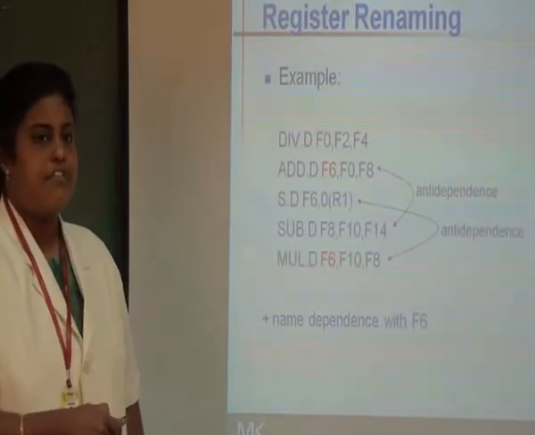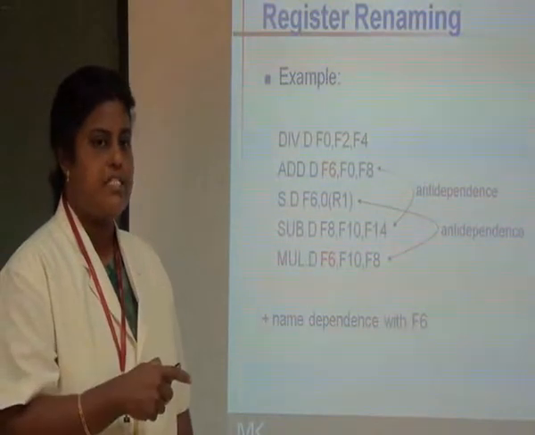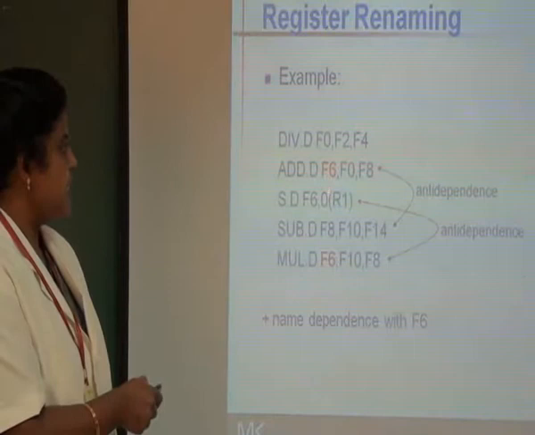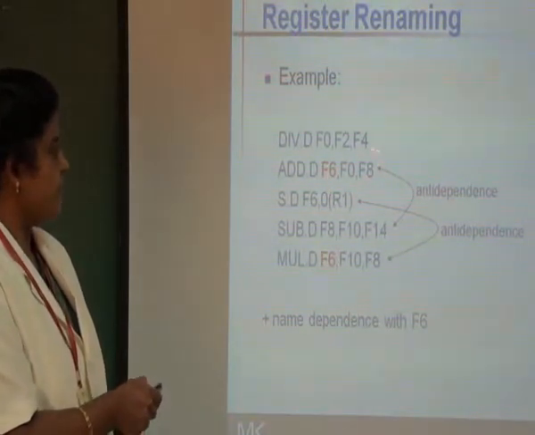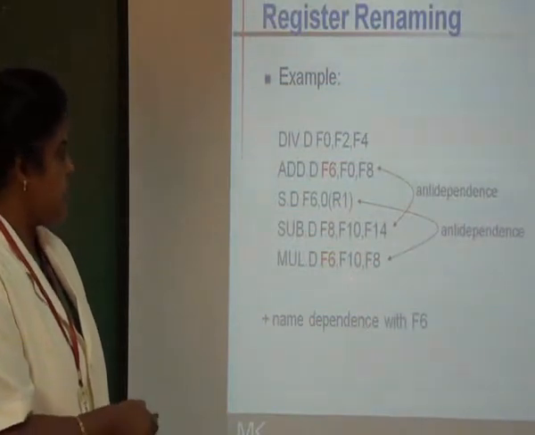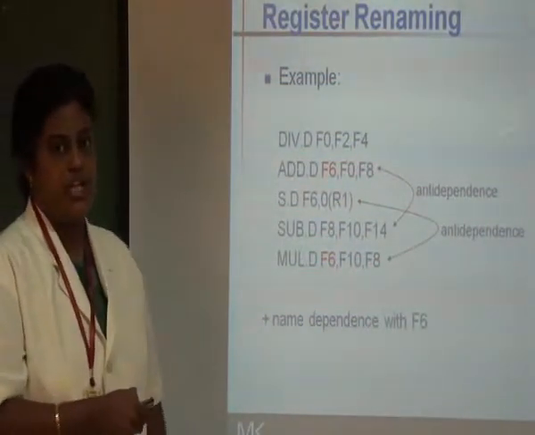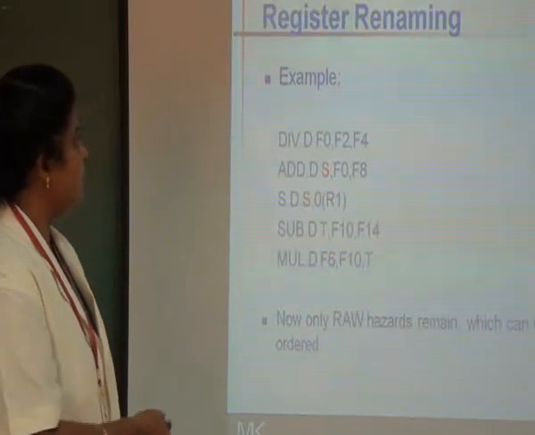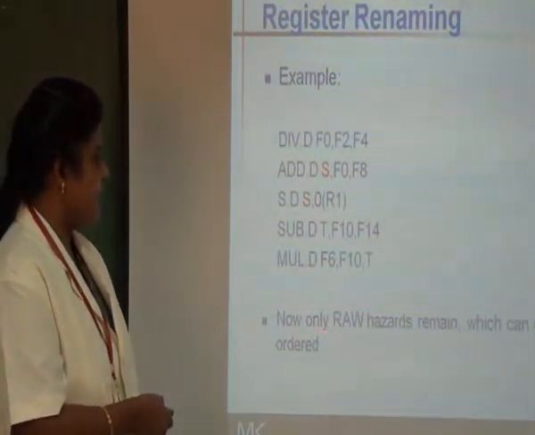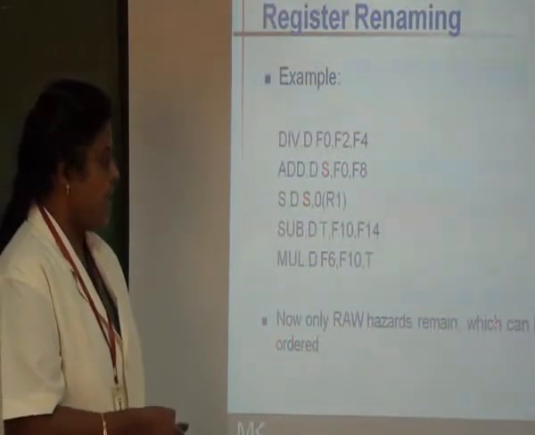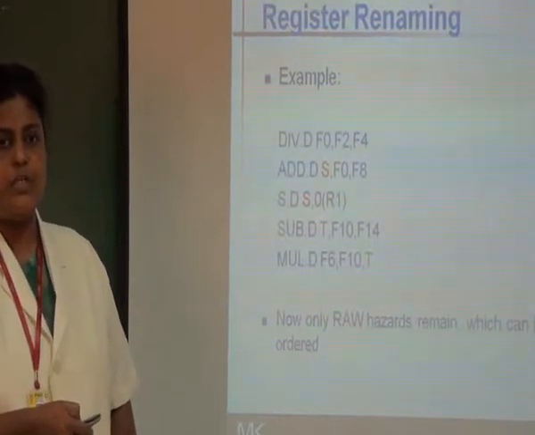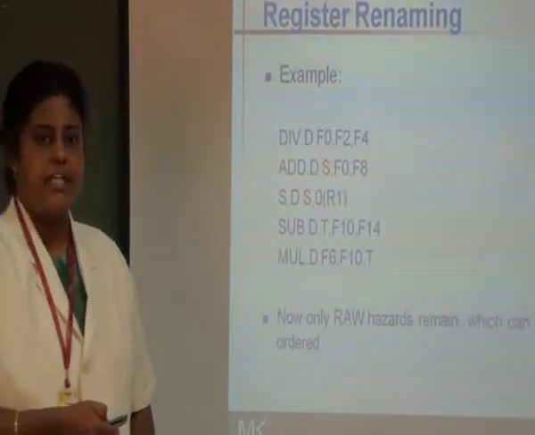So we have anti-dependence followed by name dependence. Anti-dependence is because the results of F8 are to be used over here once again, and name dependence is because F6 is used in both cases. So once again here we are going to have a read after write hazard, and how can we solve this particular read after write hazard also? By the technique of dynamic scheduling.